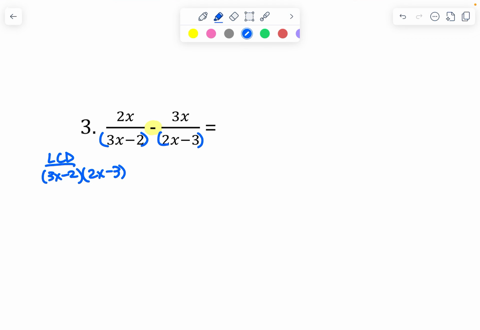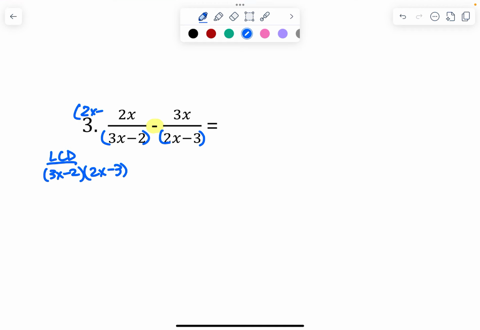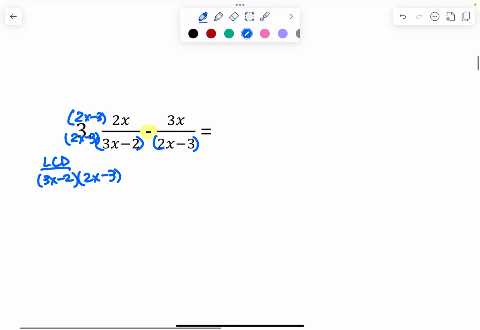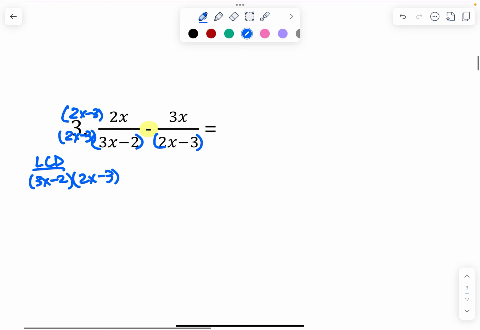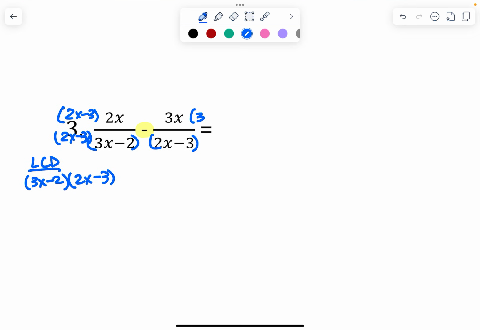Okay, so this first fraction is going to need a 2x minus 3 top and bottom. Remember, you have to do the same factor, top and bottom. And this second fraction needs the 3x minus 2.